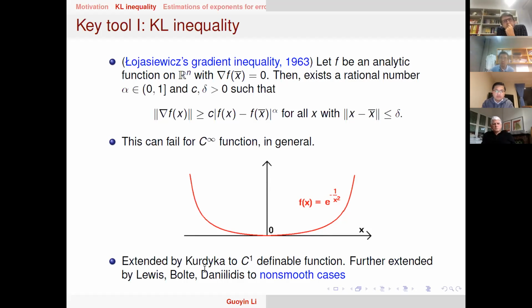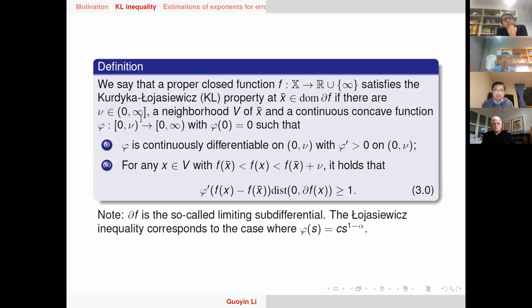When they extend it to non-smooth settings, first of all, they need to replace the gradient by the subdifferential, and usually they use either the Clarke subdifferential or the limiting subdifferential. They also have to replace the norm here by the distance from 0 to the subdifferential mapping. That's the only change. So let me state the non-smooth Kurdyka-Lojasiewicz inequality, sometimes called the KL property.